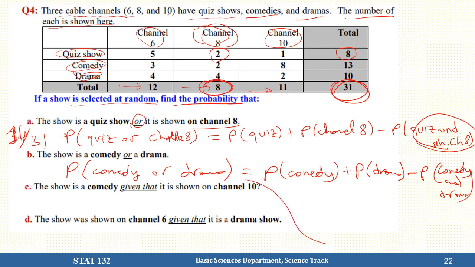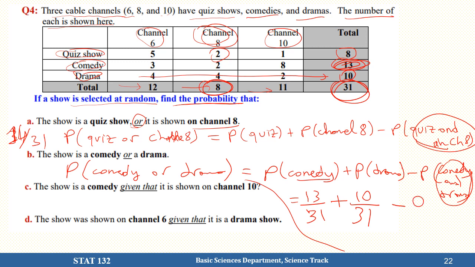What's the probability that it's a comedy show? That's the total comedy divided by the total, 13 over 31, plus drama. Drama in total is 10 divided by the total, minus comedy and drama. Is there any comedy and drama together? No, they're separate. So this has to be 23 over 31.